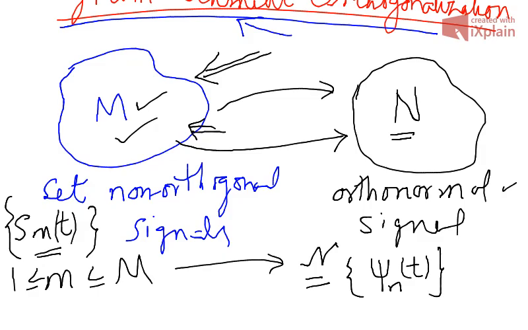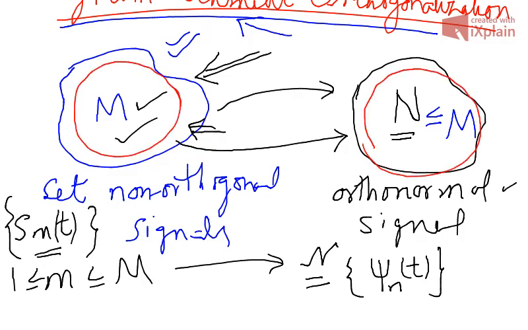Keep in mind this capital N is less than or equal to M. So both sets may have the same number of waveforms. Here we have non-orthogonal waveforms, while in this set we have orthogonal or orthonormal signals.